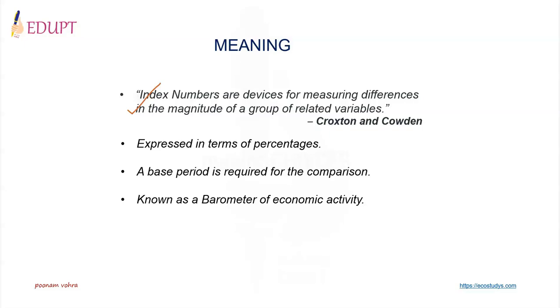And these are expressed in terms of percentages, and for comparison purposes a base period is always required as it can compare various elements. It is known as a barometer of economic activity.